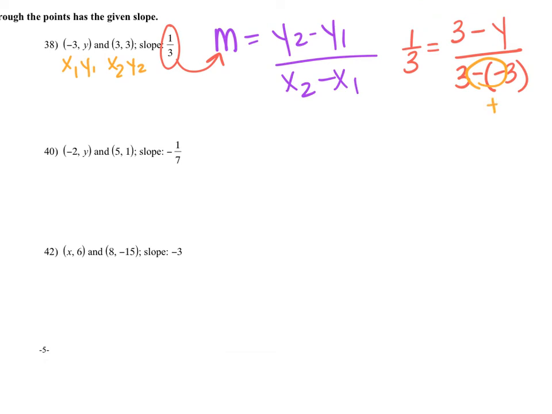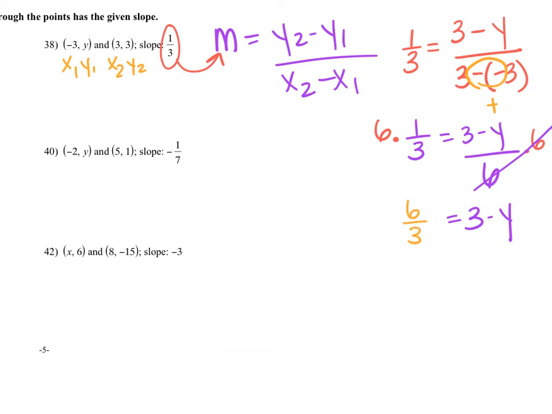So my next step would be 1 over 3 equals 3 minus y over 6, because 3 plus 3 is 6. I'm going to multiply both sides by 6. So this cancels, and I get 3 minus y on the right. And on the left, I'm going to actually have 6 over 3, which is in fact 2.